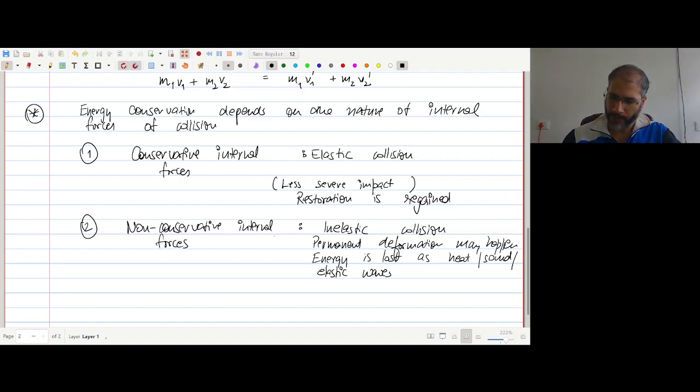So this typically will happen when the impact is more severe, and the restoration in this case is not regained completely.